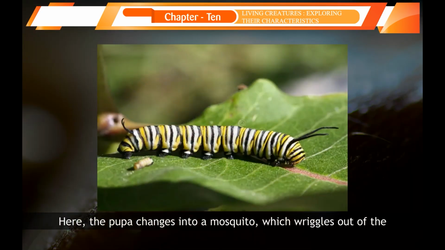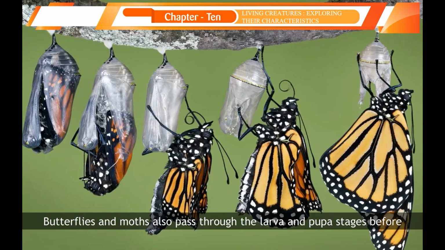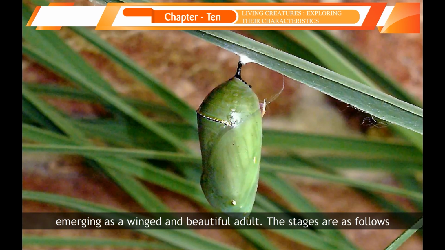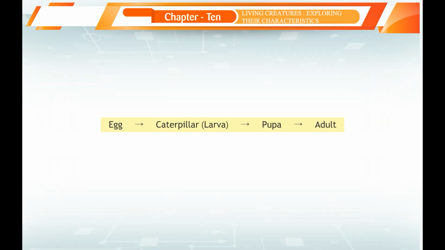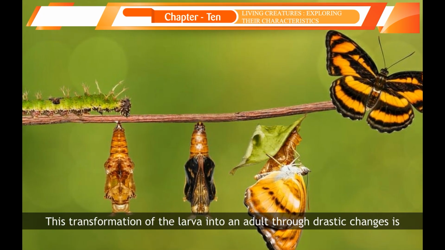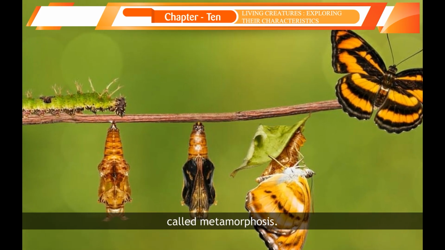Here the pupa changes into a mosquito which wriggles out of the case in about a week's time. Butterflies and moths also pass through the larva and pupa stages before emerging as a winged and beautiful adult. The stages are as follows: egg, caterpillar, pupa, adult. This transformation of the larva into an adult through drastic changes is called metamorphosis.